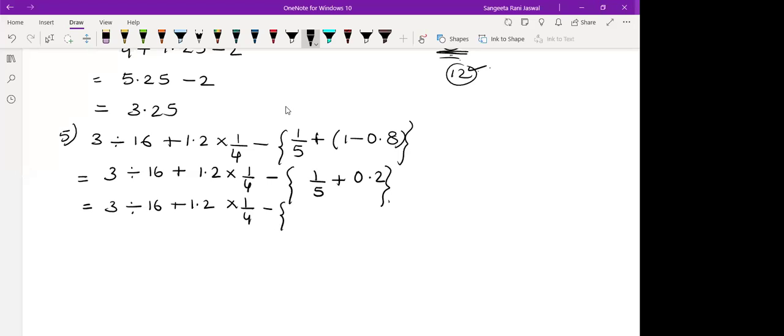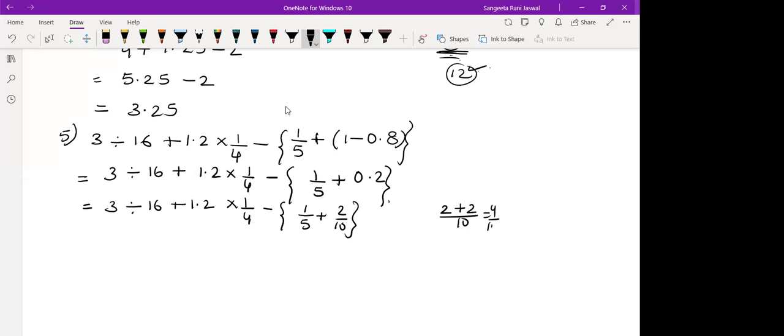See here. 1 minus 0.8 will give you 0.2. Yes, children, the first bracket is done here. 0.2 can be written as 2 by 10 also. Okay, so we take the LCM of this. This will be 10. And you have 5 into 2. This is 2 here. 10 ones are 10. You have 2 here.